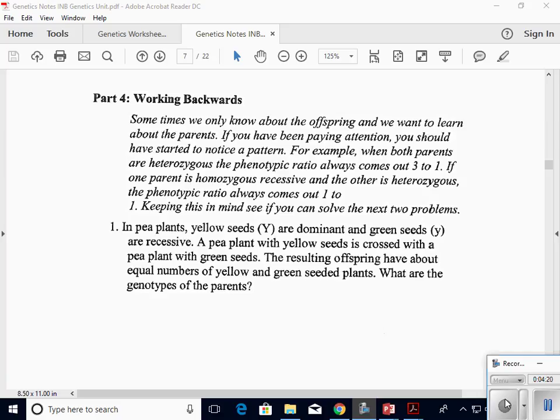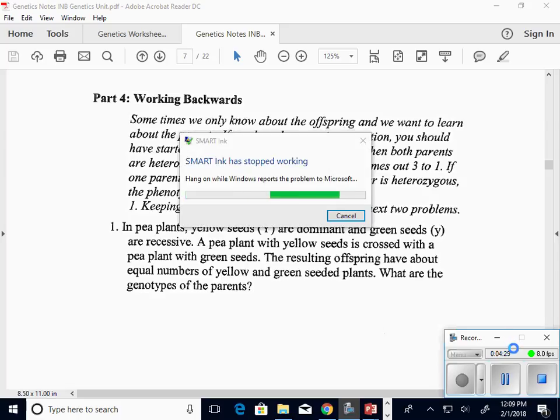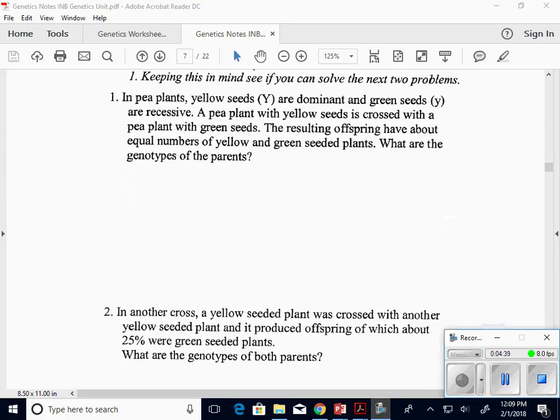We are going to work some problems here with this. All right, it says here, in pea plants, yellow seed, capital Y, are dominant, and green seed, lowercase y, are recessive.